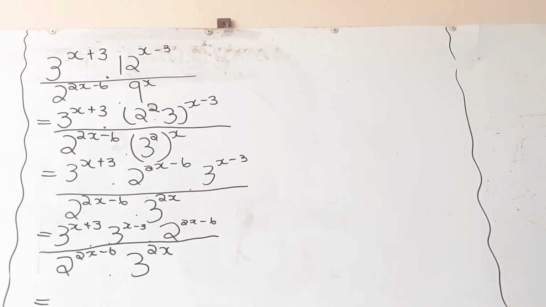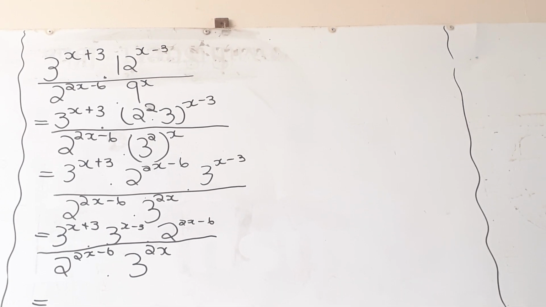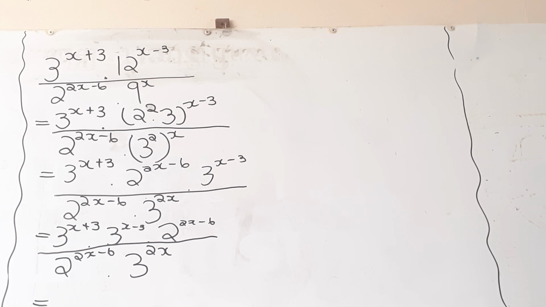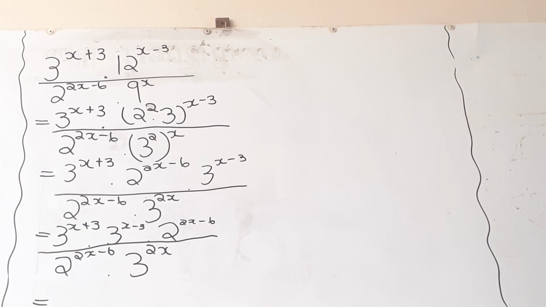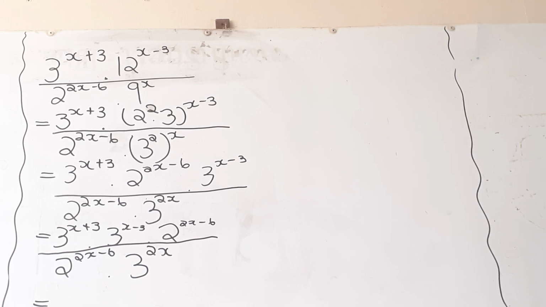So the next step that we can take now is to make use of those exponential rules that we had talked about previously. When the bases are the same and you have a multiplication sign in between, you add the exponents.